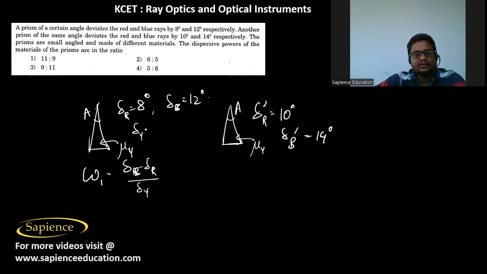The angle of deviation for the yellow color will be the same for both of them, since it is mu y minus 1 into A.